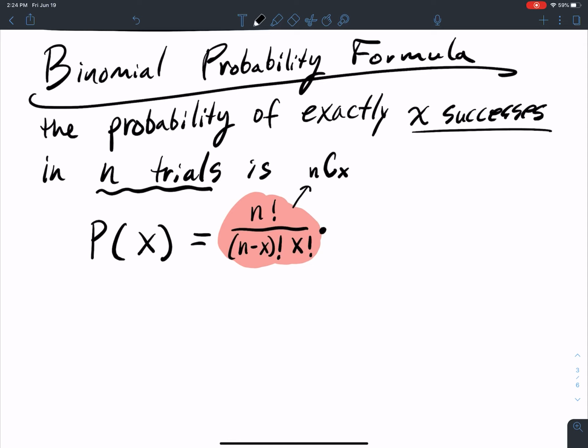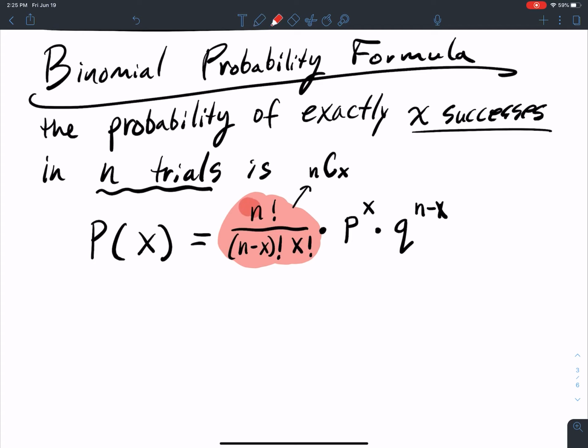And then this is multiplied by P, the probability of success, raised to X, multiplied by Q, which is raised to the N minus X. Okay, so what do these things tell you here?